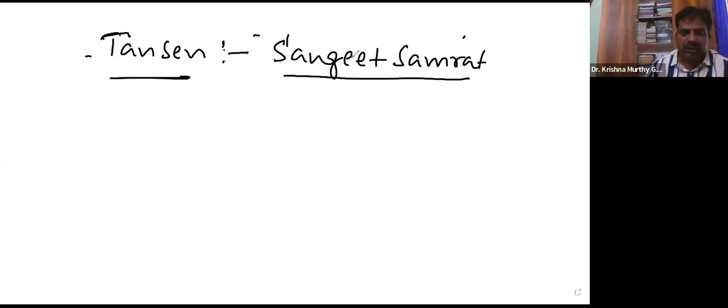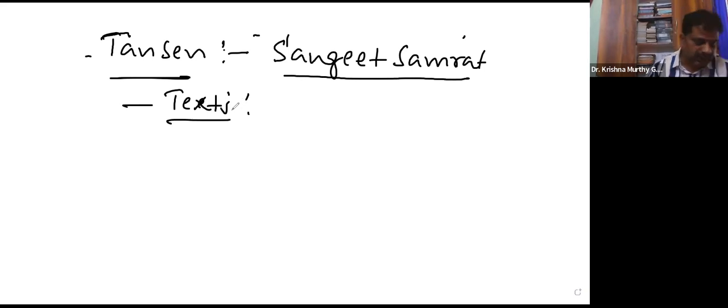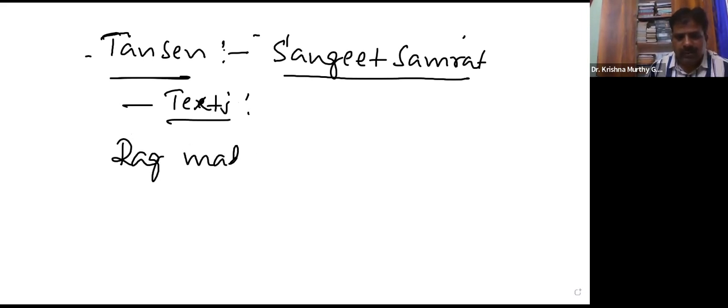Okay, he composed several musical texts. Can you remember the musical text of Tansen? Any text written by Tansen related to music? First one, Rag Malahar.